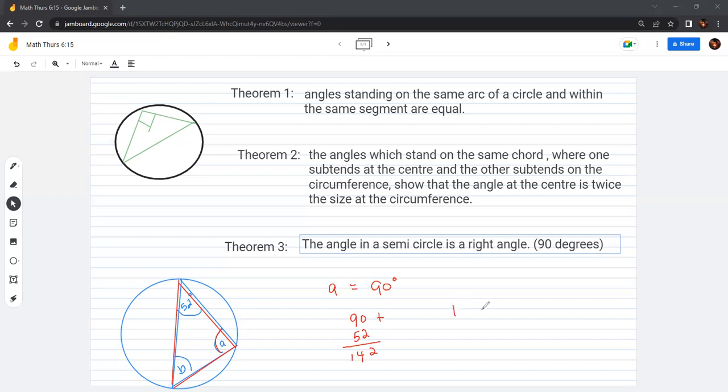Then we have to subtract that from 180. Right, so we'll get 38 degrees for B. Ada, check it over for me.